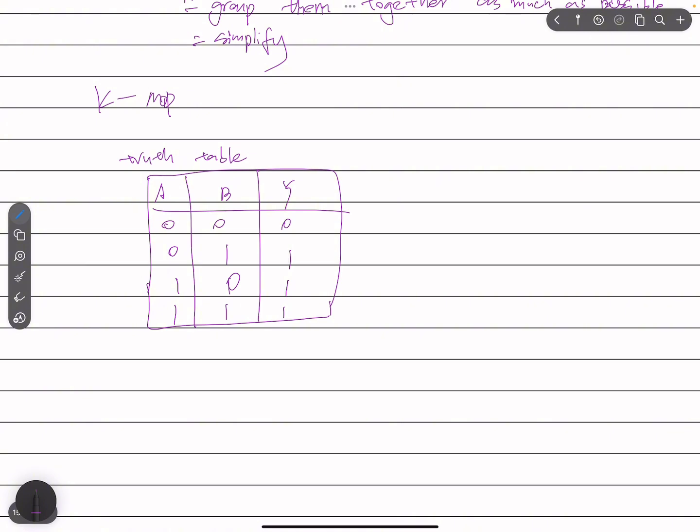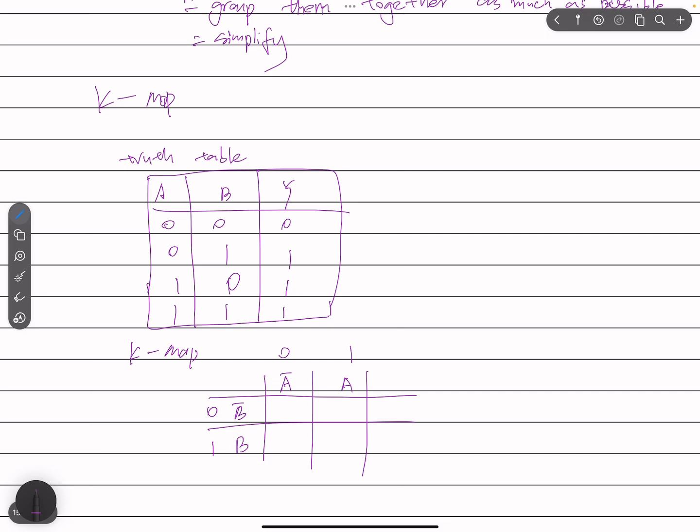Let's say we have something like this, and we need to build the K-map first. So the K-map will be: A bar, A, which is 0, 1, and B bar, B, 0, 1. This is how we build the table here.